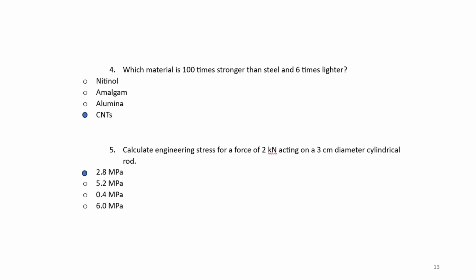Okay, so 3.14 times, you have to convert your diameter into radius. So 3 by 2, 3 by 2, and then centimeter also need to be converted into meter. So after taking care of all these units, your correct answer will be around 2.8 megapascal.